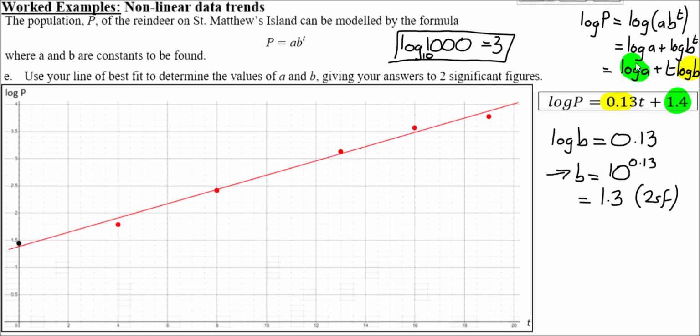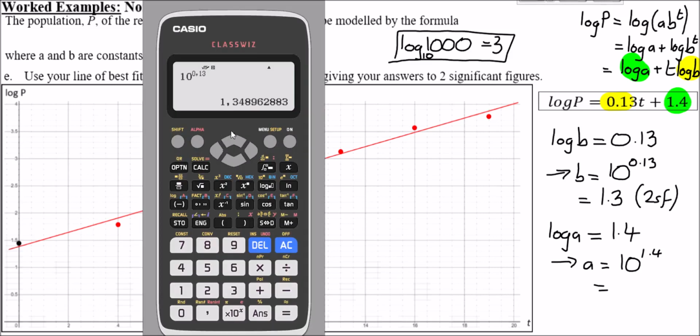So we're told that log a is 1.4. So in exactly the same way, a must be 10 to the power 1.4, which we can again use the calculator to work out. So just toggle back, type in 10 to the power 1.4, and we get to 2 sig figs, 25.